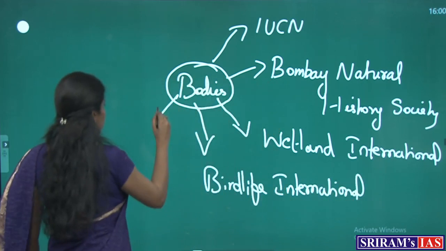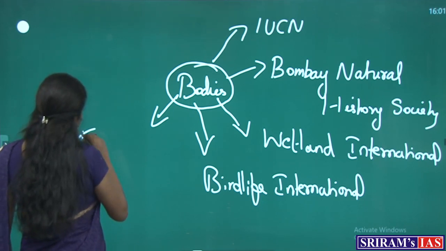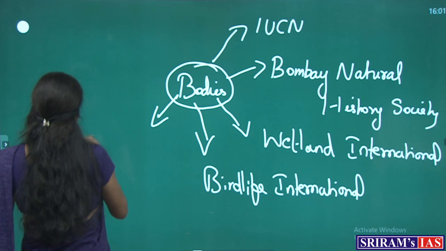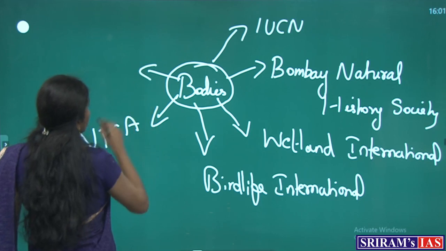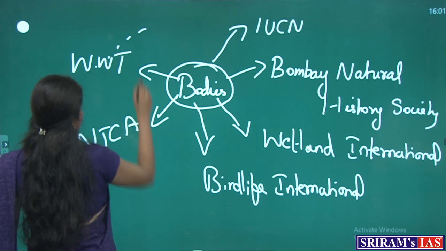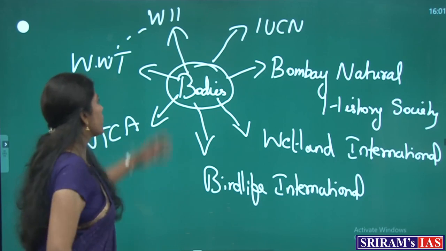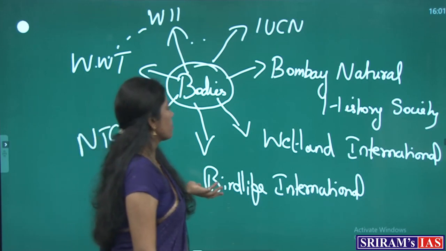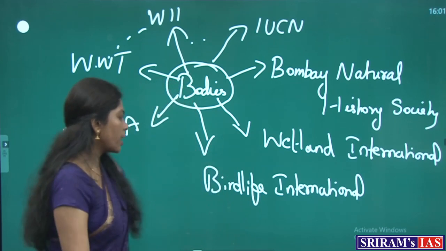Then we have the National Tiger Conservation Authority. It goes on. Apart from this, we have WTI, Wildlife Trust of India, and WII, Wildlife Institute of India. Like this, we have several other organizations and bodies to safeguard the environment, the ecosystem, a particular species. We have different groups of bodies or organizations to take care of that.